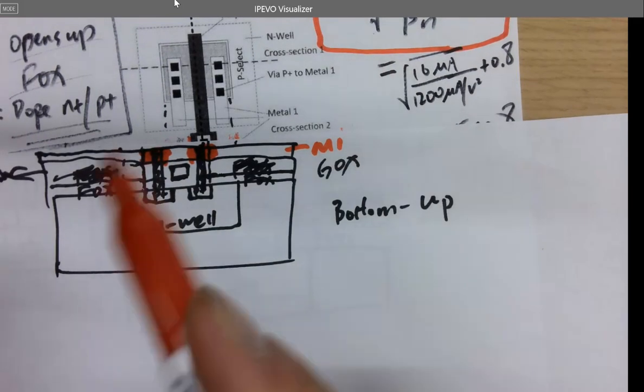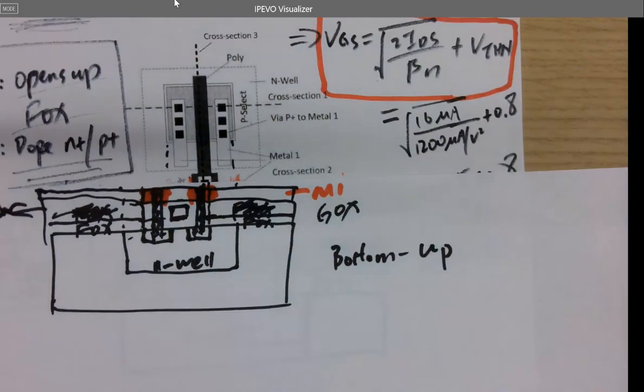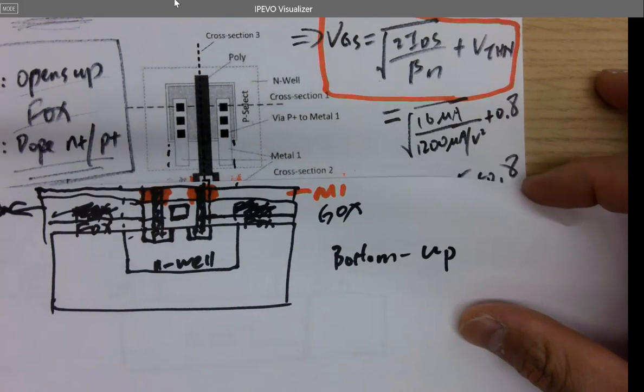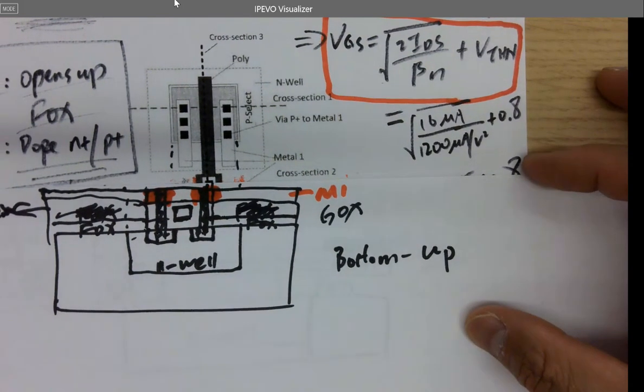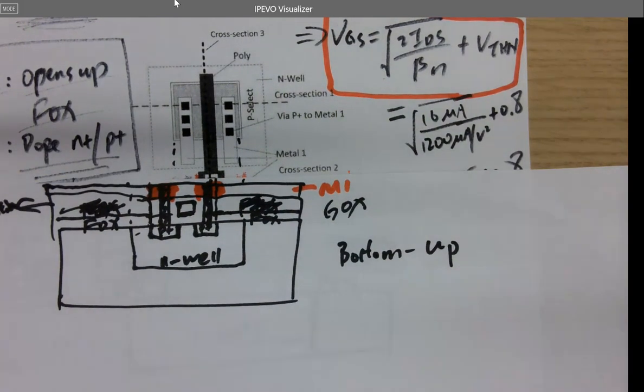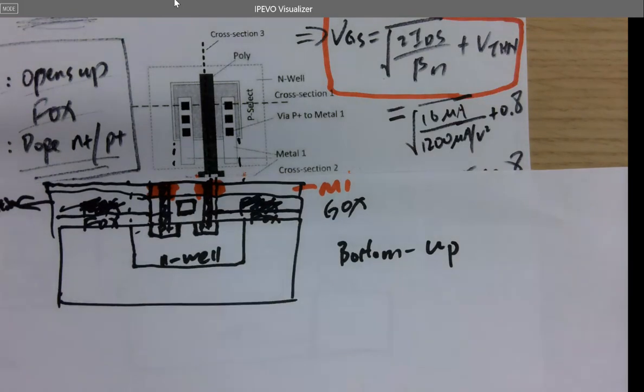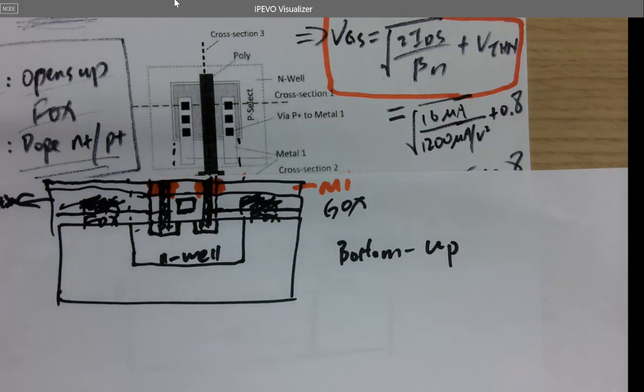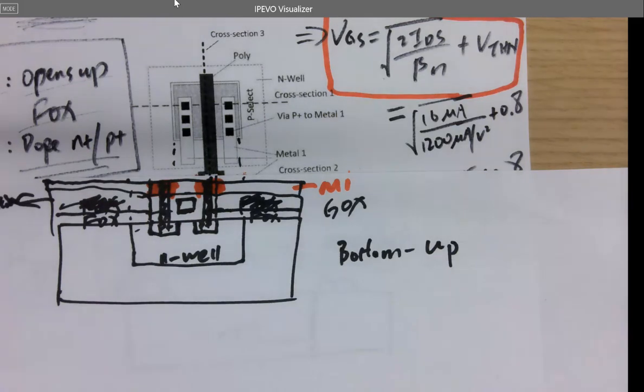Question on this? P select is not really a thing, it's an opening. It's one of the processes in photolithography. It's just a mask. It's not like you have a window here and then dope something in there. There are so many details of it. It's all the process of coating a photoresist, and then etching it, and then coating the insulation, etching it, whatever.